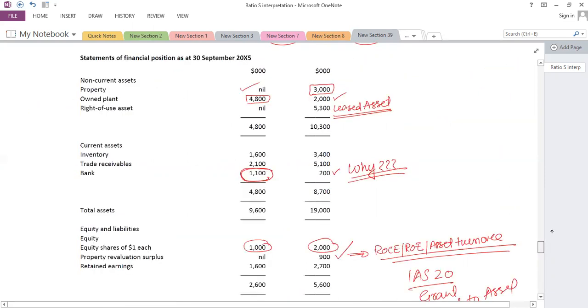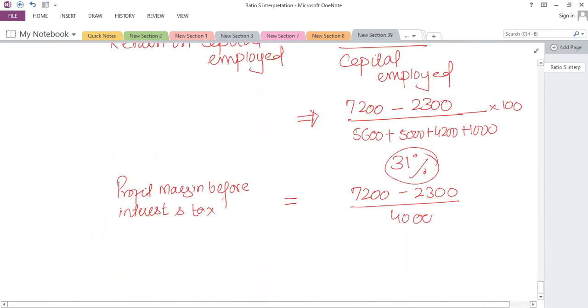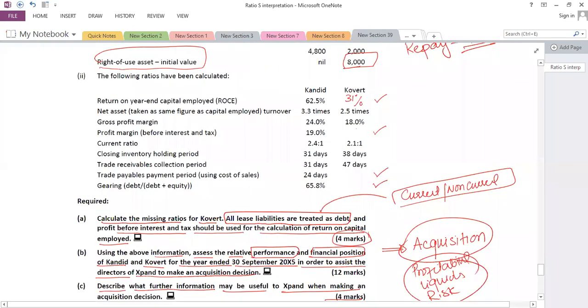Revenue is 40,000. Multiply by 100 will give you 12.3%. Now 12.3%, let's write here 12.3%.